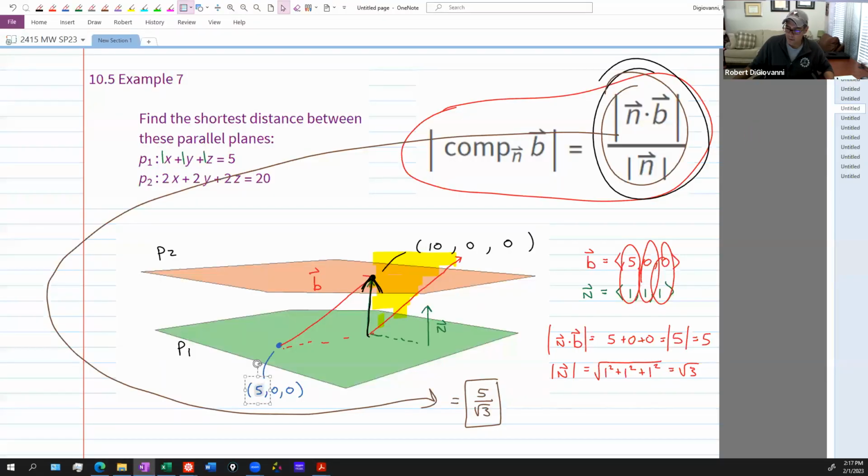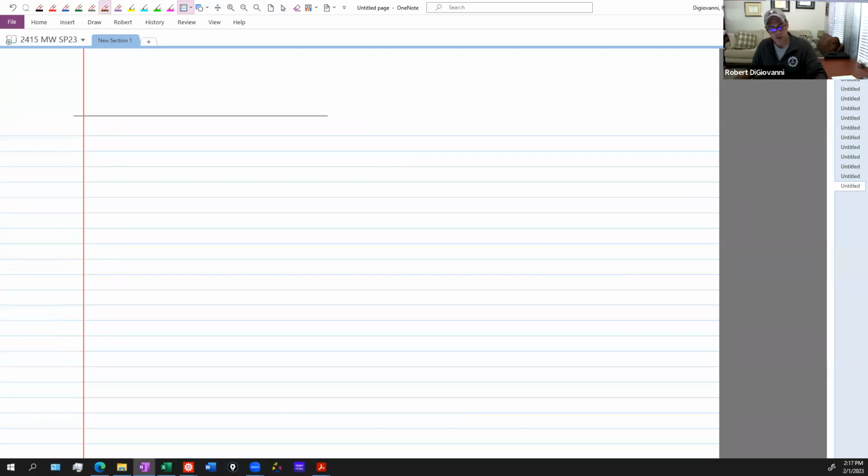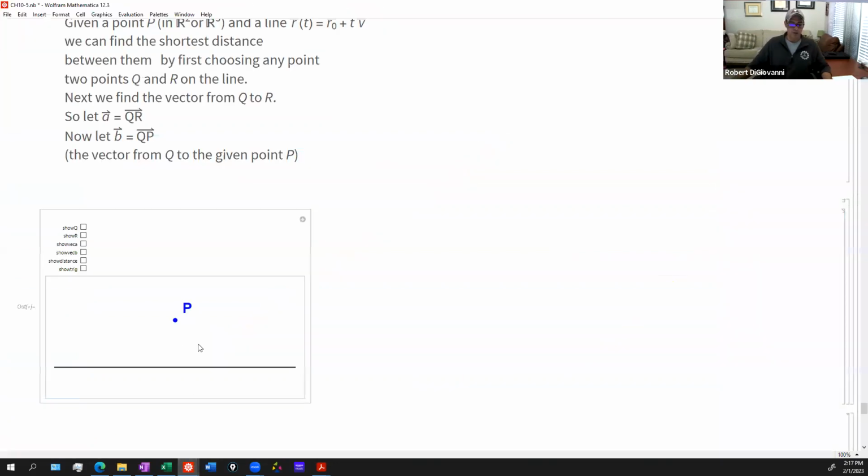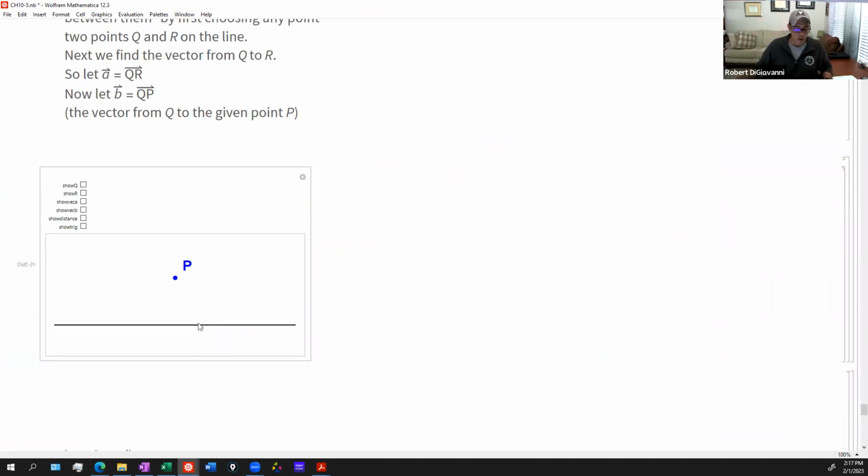If you imagine just a line in 3-dimensional space and some point somewhere, there's a way I can move my head around and tilt it to eventually make it look like this picture, if I just get myself in the right position. So even though this looks like a flat sheet of paper, think about it as living in 3 space. So I've got my line and I've got my point.